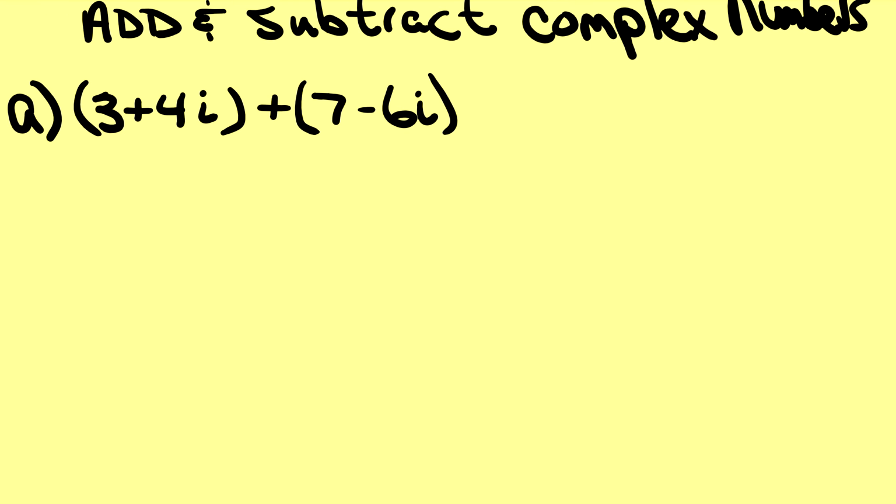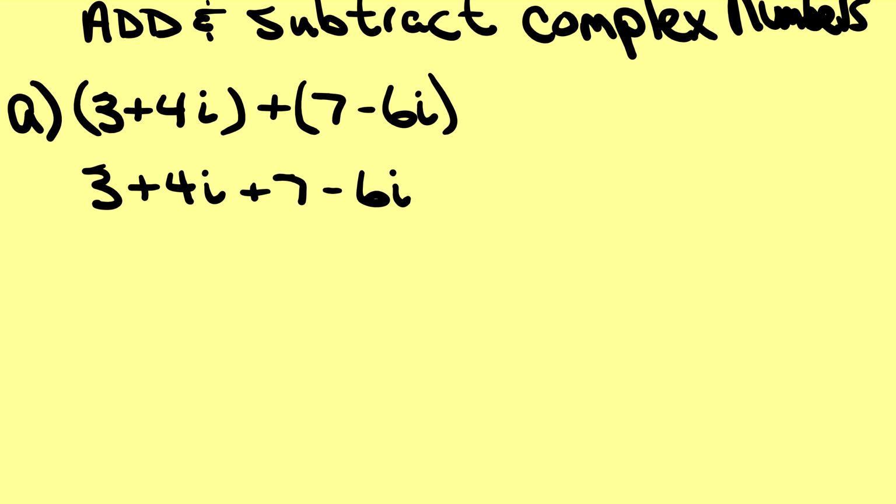Okay, here's our first example of adding and subtracting complex numbers. So here I've got 3 plus 4i plus 7 minus 6i. Well, because I'm adding, there's no changes that are going to be made, so I can just drop the parentheses. And it would be 3 plus 4i plus 7 minus 6i. Okay, now I can see better, and I can see that I'm going to combine my like terms.